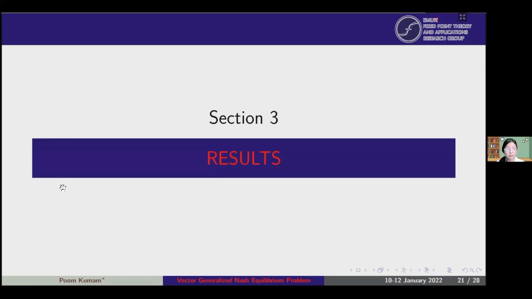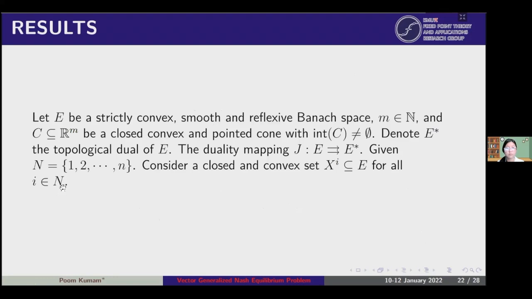Next part is results. In this work, as I said, we consider a strictly convex, smooth and reflexive Banach space, and we consider a natural number m, and a closed, convex and pointed cone C with non-empty interior.